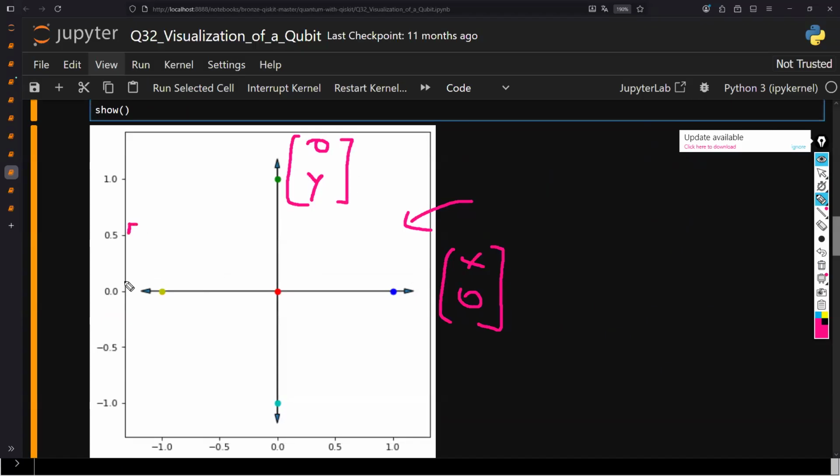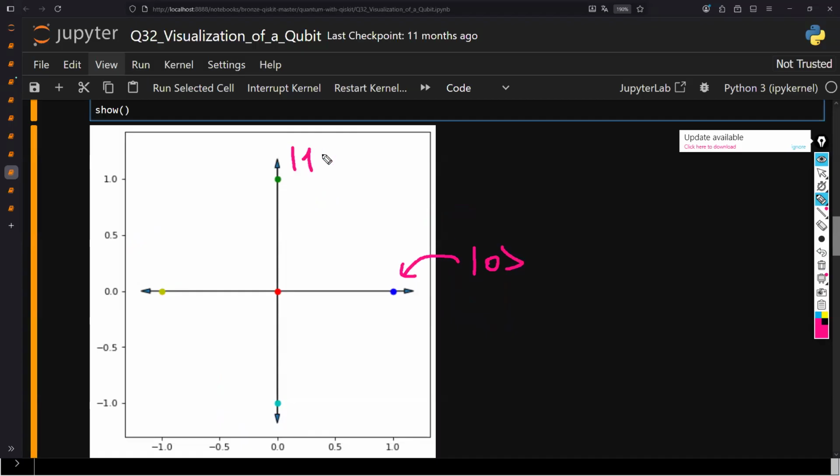There will be our minus x, 0, and there will be our 0 minus y. Now with amplitudes, we can do this. So this will represent our cat 0. This will represent our cat 1.